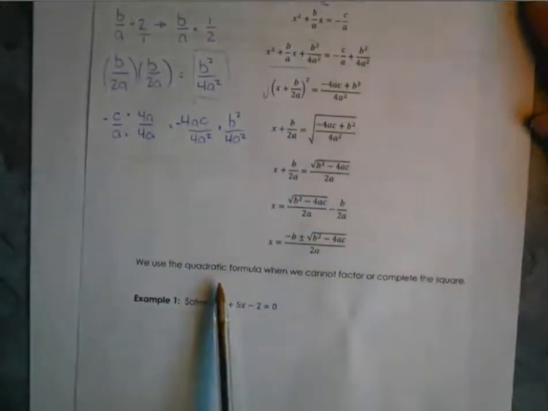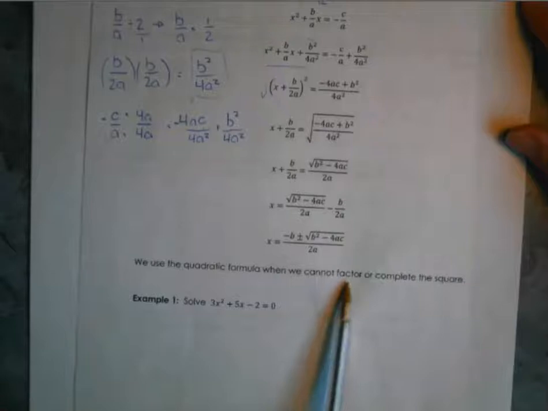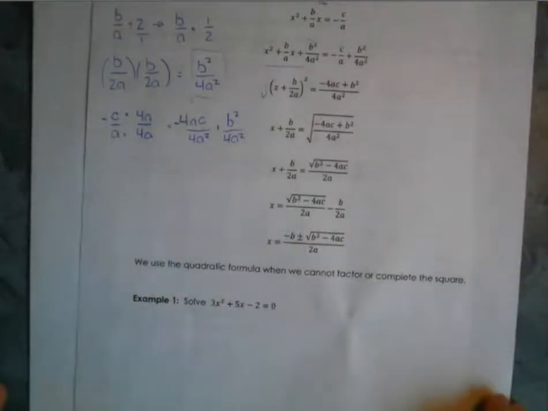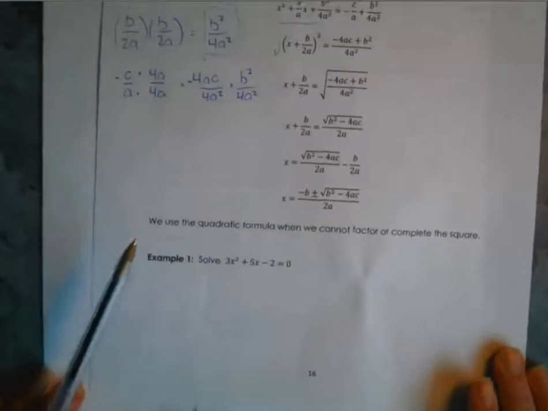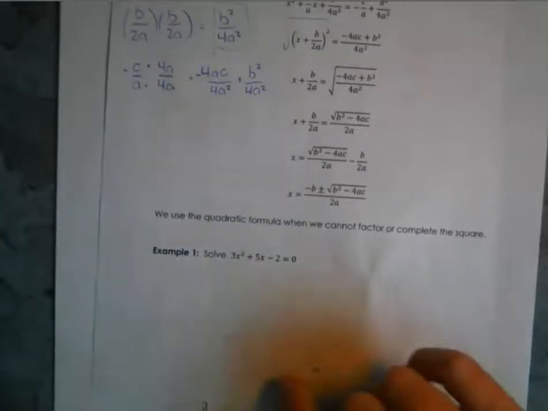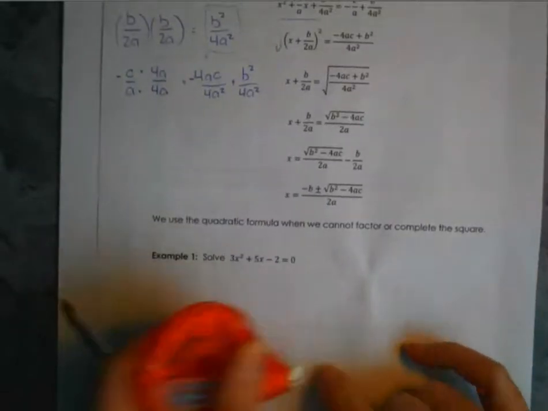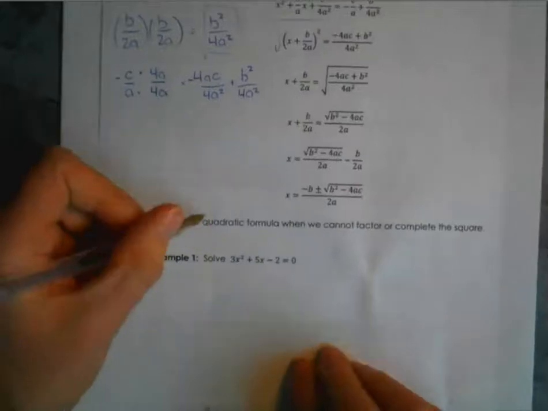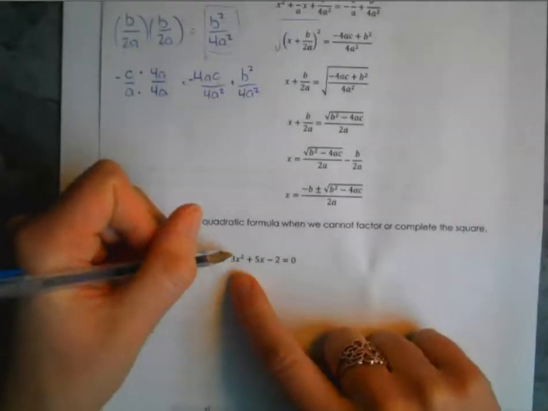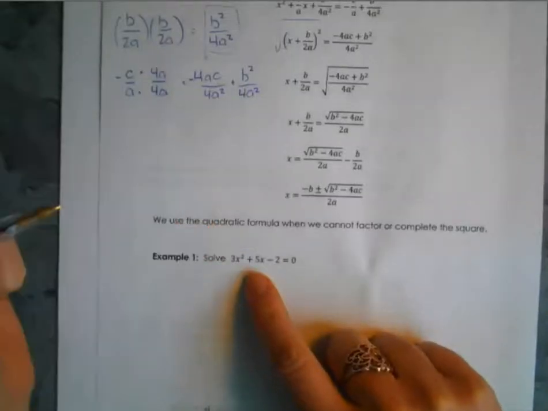And this is a nice way to solve things when it's difficult to factor or complete the square for a polynomial. So let's have a look at how we can actually use this. I'm just going to get rid of this page number here a second so we don't run out of room. Okay, so we're asked to solve 3x squared plus 5x minus 2.